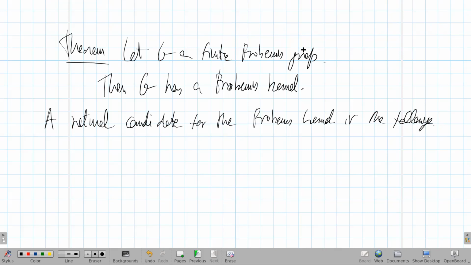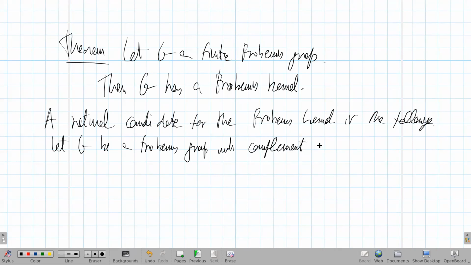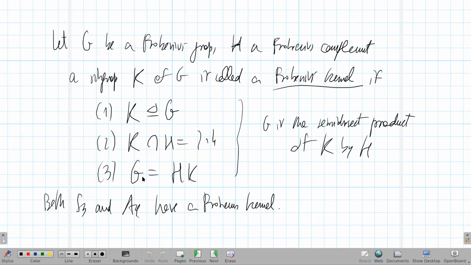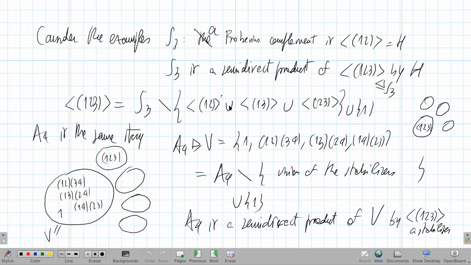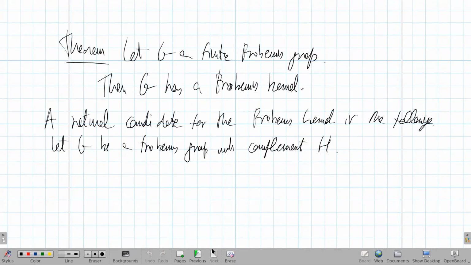So let G be a Frobenius group with complement H. So we do exactly the same thing that we have noted in these two examples.